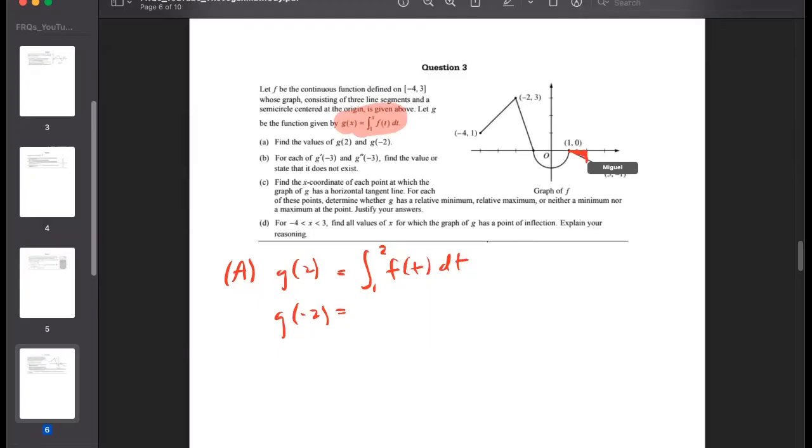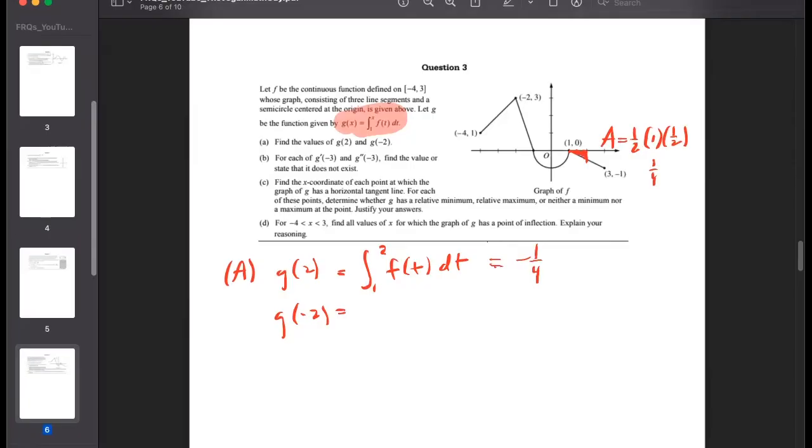Hopefully you can see that I wrote it there. Technically, the area of that small triangle is 1/4, because the area is equal to 1/2 the base, which is 1, times the height, which is 1/2. So 1/4. But remember, this is a negative area. So then this area for g of 2 is going to be negative 1/4.